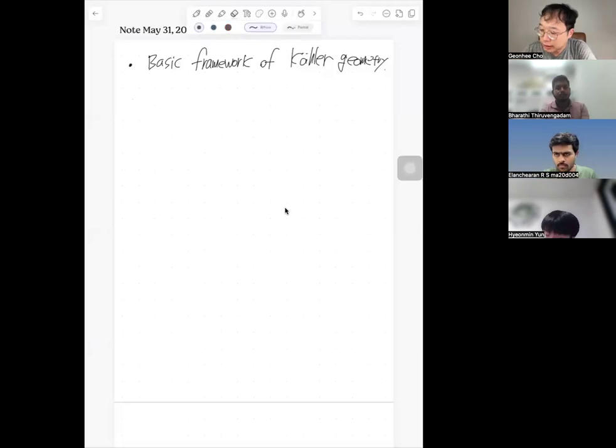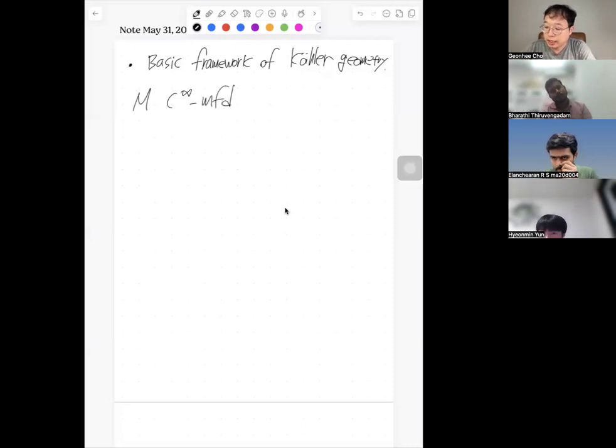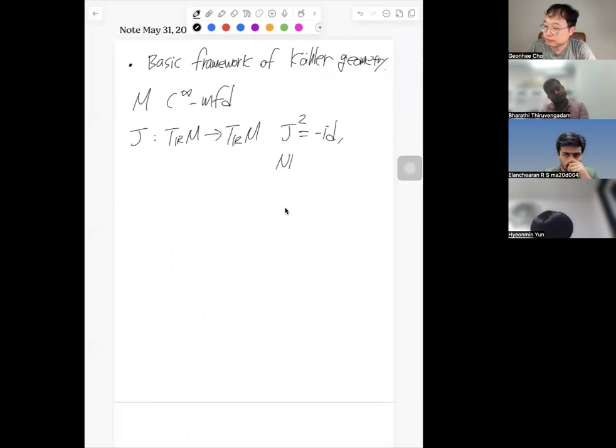Let me just write down the notation. So we have a smooth manifold M and we have a complex structure J. I don't want to explain anything at this point, so I assume all of you already know this.